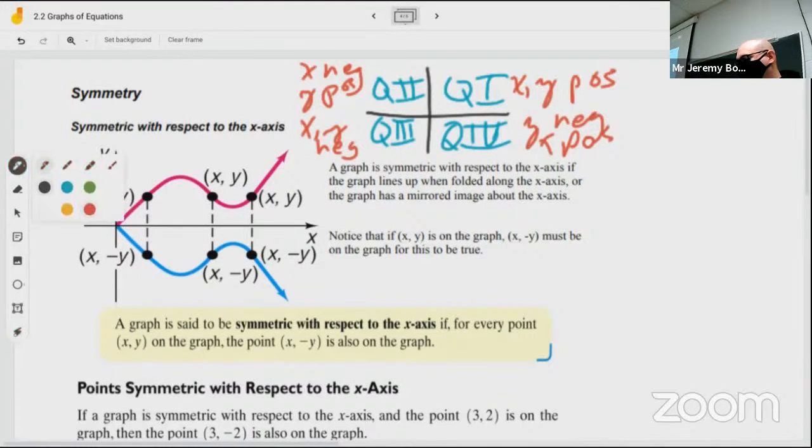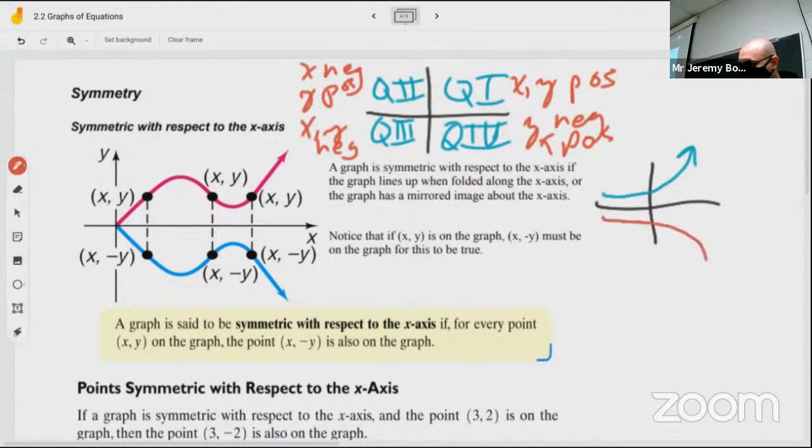That's not always the case. I'm not the best artist in the world, but it's decent. You can have graphs where they don't touch. And notice that this curve is a mirror image of this curve. So that would also be symmetric with respect to the x-axis.